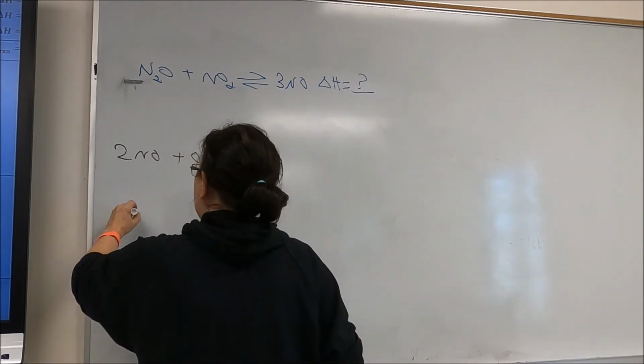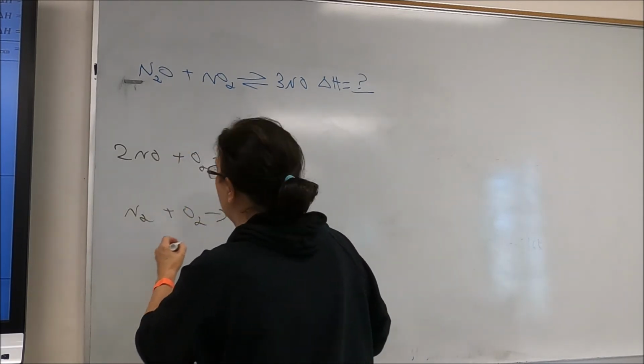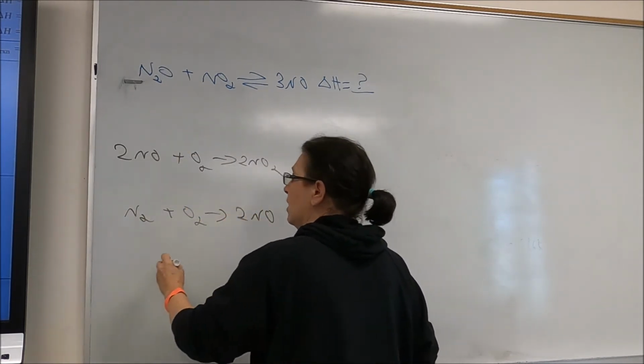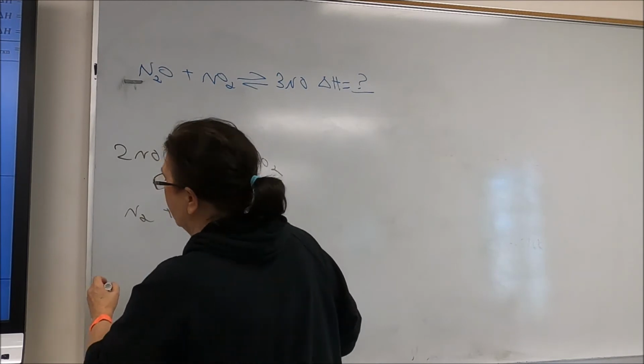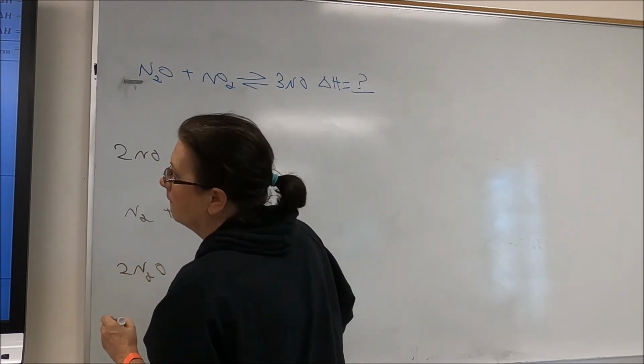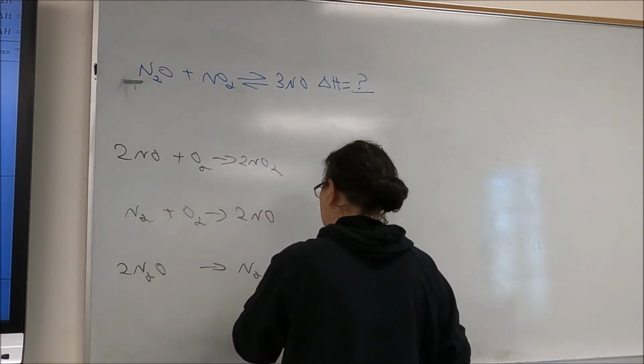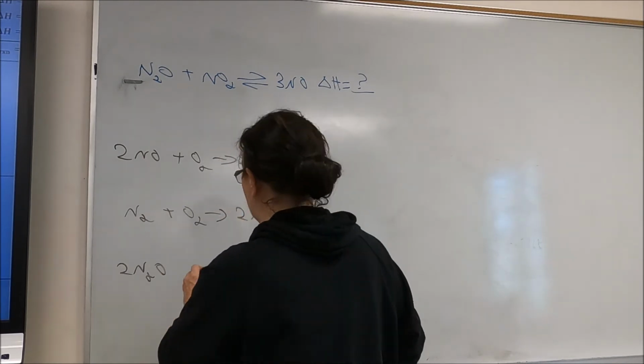And we've got an N2 plus an O2 going to 2 NOs. And then we've got a 2 N2O going to N2 plus O2, and I've got a 2 here.